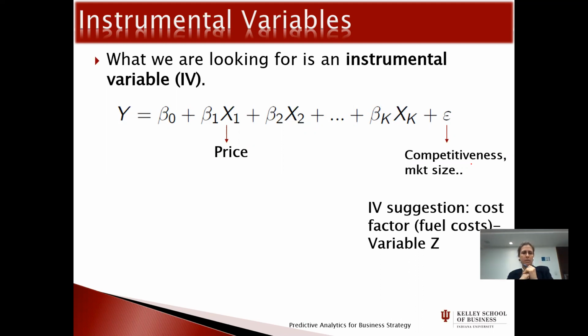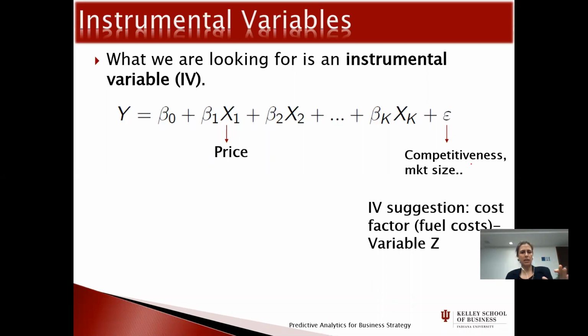My treatment here is price, the problematic variable that is endogenous. But what I also want from this IV is that it is not related to competitiveness. So it's got to move my price in ways that are unrelated to competitiveness.